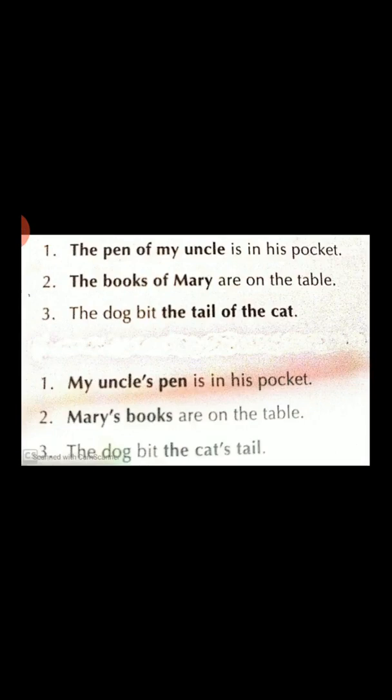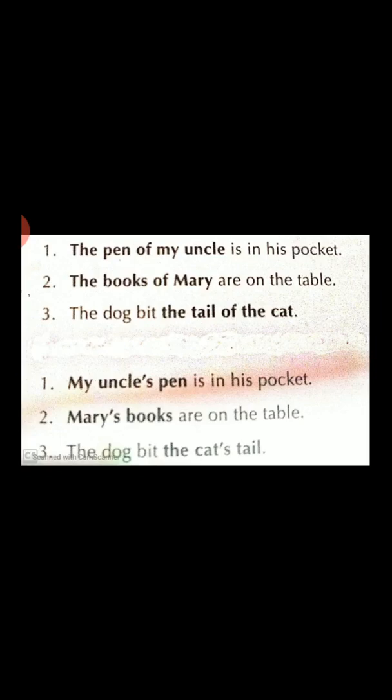Now I'll be reading out a few sentences. Firstly, I'll read the sentences written at the top and then the ones mentioned below. Okay? The first one. The pen of my uncle is in his pocket. Second one. The books of Mary are on the table. The dog bit the tail of the cat. Now, what are all these three sentences telling us?